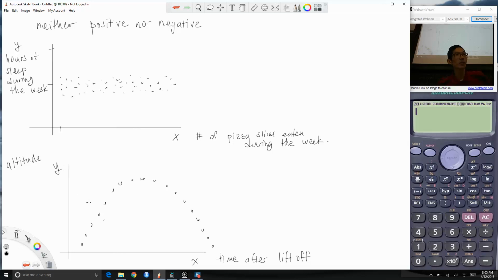In the first half of the rocket's journey, it's positive; with time, it's getting higher and higher up. But then at some point, the direction changes to negative. So the words positive and negative are not enough to summarize the relationship.